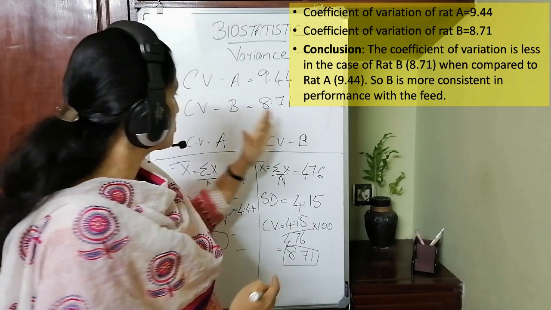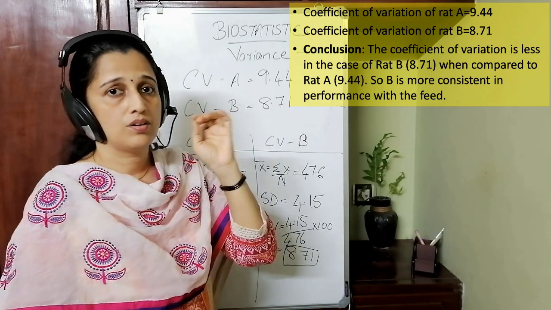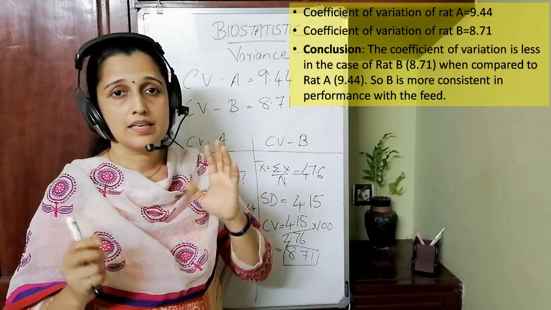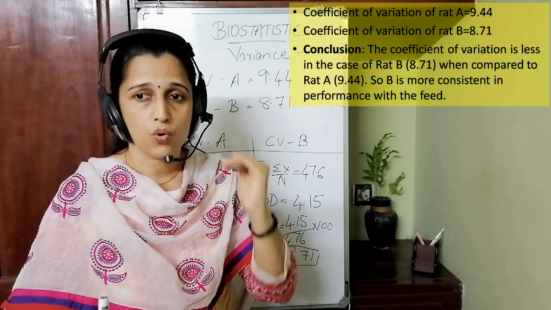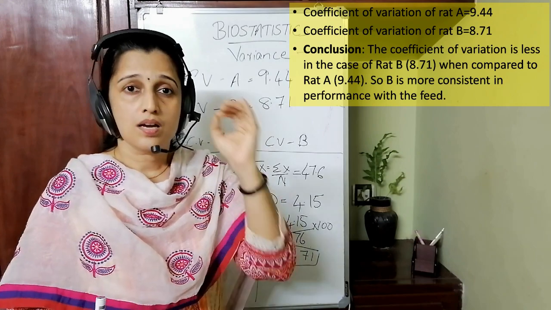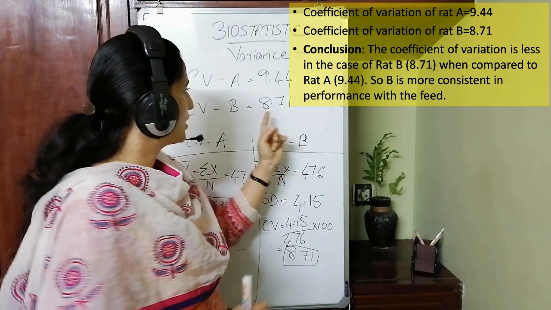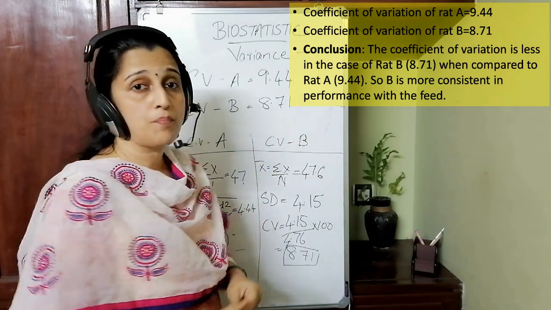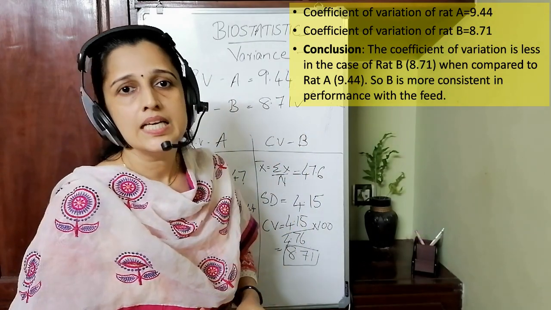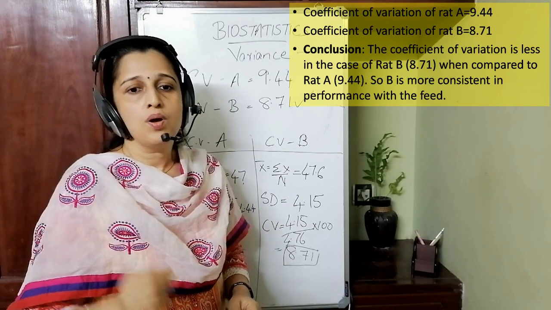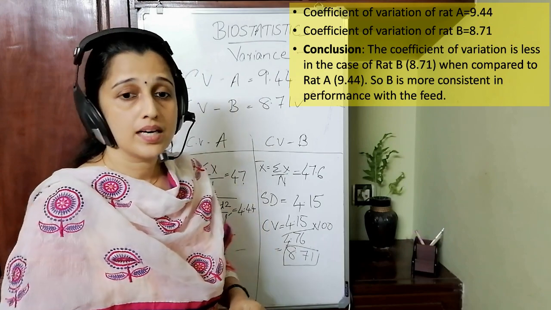And in this question, how do we conclude the result? You have to compare these two coefficients of variance. For the set where the coefficient of variance is lesser, the data will be more consistent. Here the lesser value is 8.71, so B is more consistent in performance with the feed.